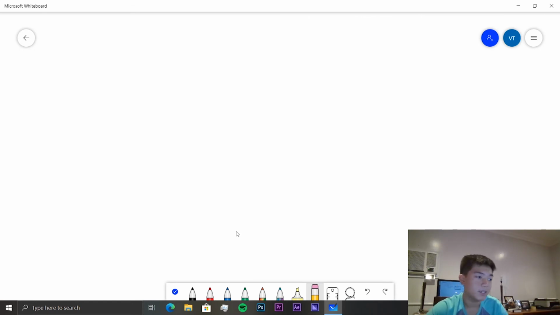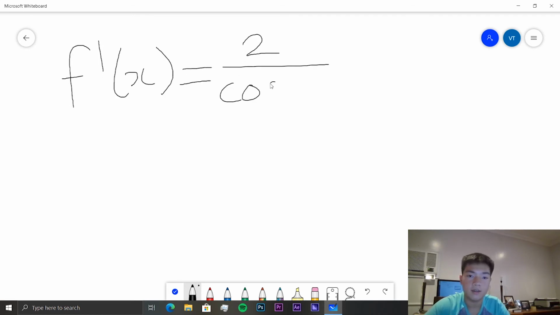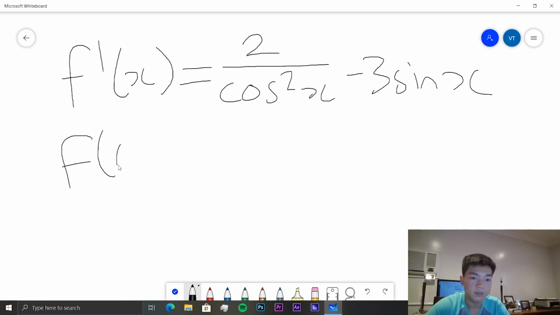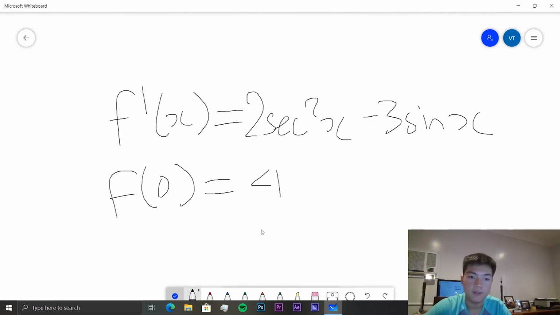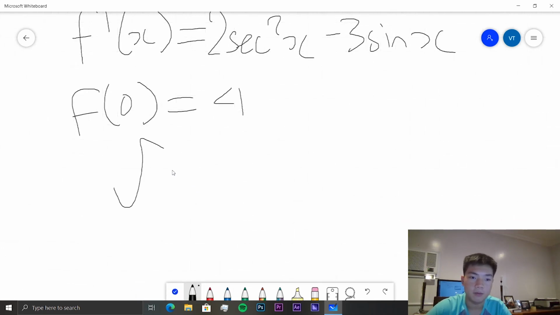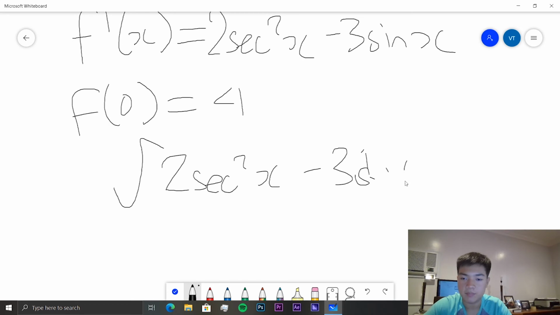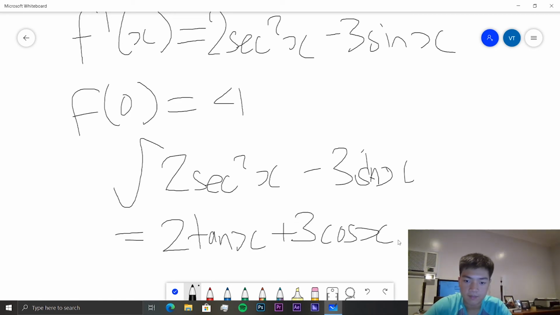In parts A to D, find f of x with the given conditions. Okay, so we have first f prime of x is equal to 2 over cosine squared x minus 3 sine x, and f of 0 is equal to 4. So let's solve this. If we take the integral of 2 secant squared x minus 3 sine x, it is equal to 2 tan x plus 3 cosine x.